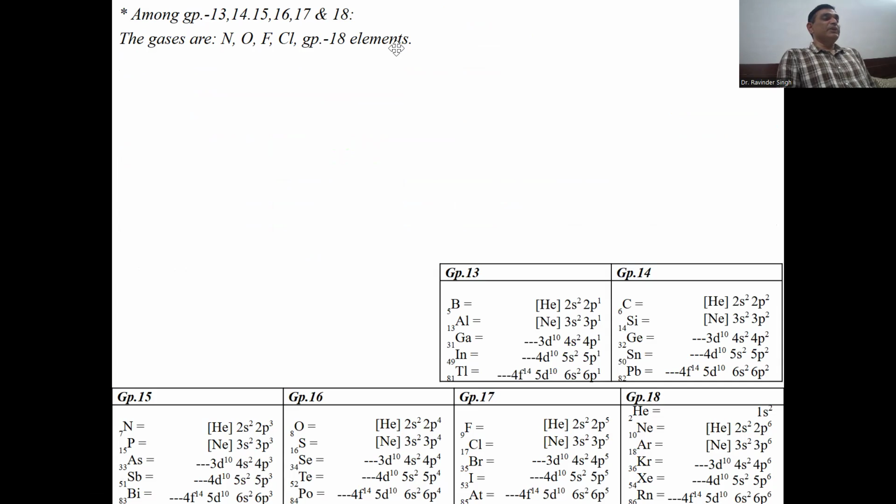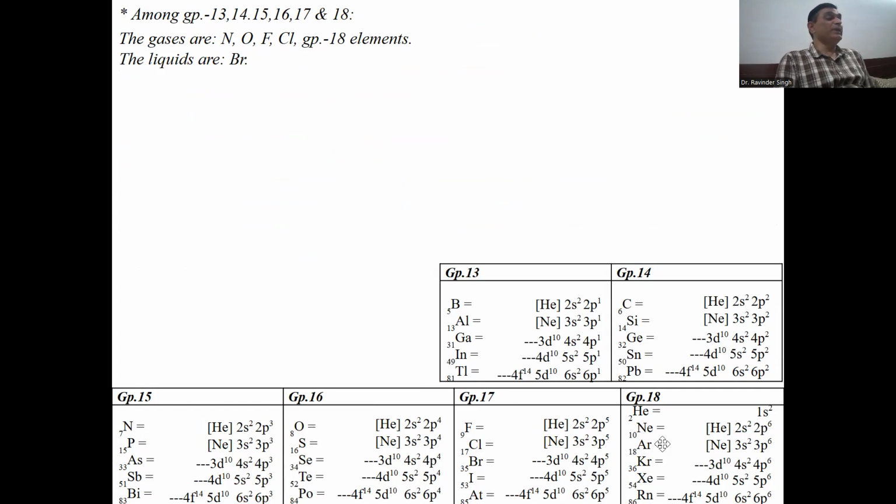Among group number 13 to 18, the gases are nitrogen in group number 15, oxygen in group number 16, fluorine and chlorine in group number 17, and the group number 18 elements.